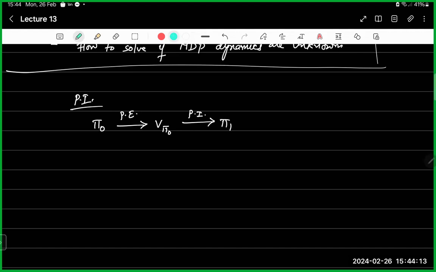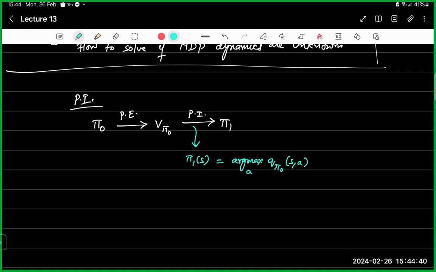How are we doing policy improvement? pi 1 of S is argmax over A, which is the greedy improvement step, of Q pi naught of S comma A, right? This is how we were doing the policy improvement.